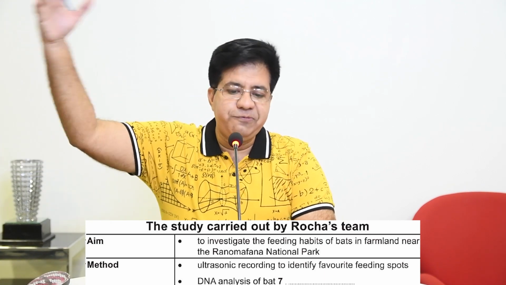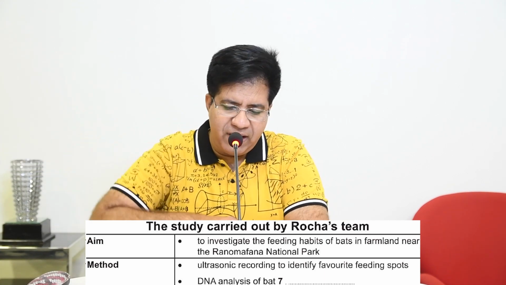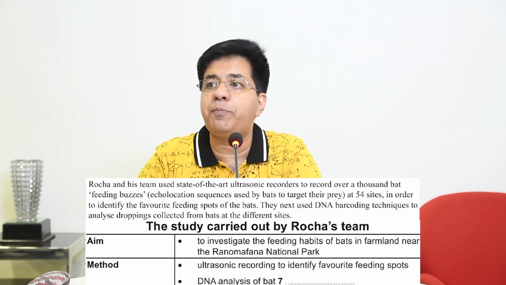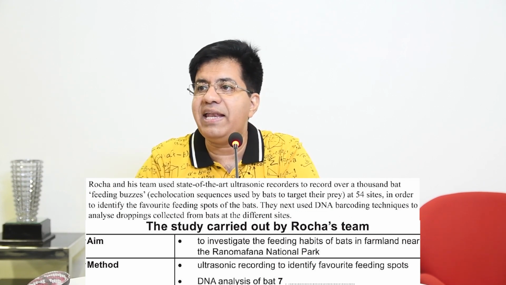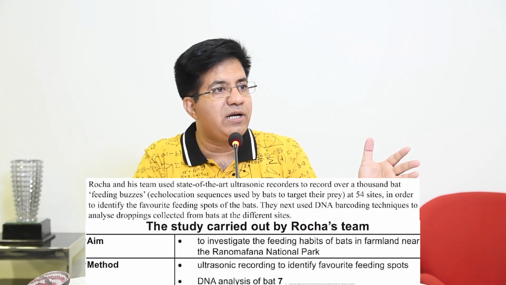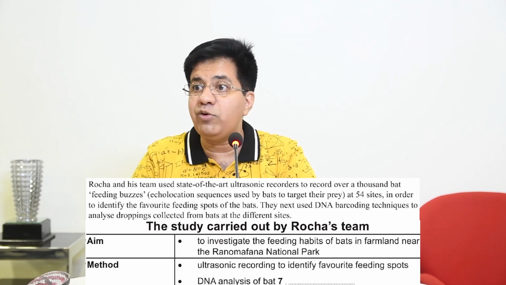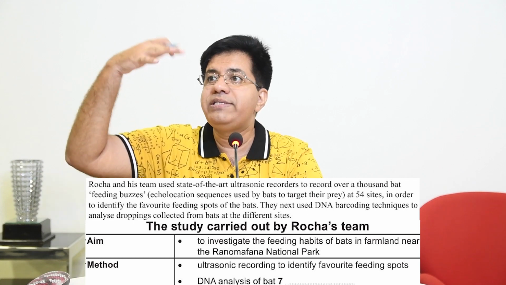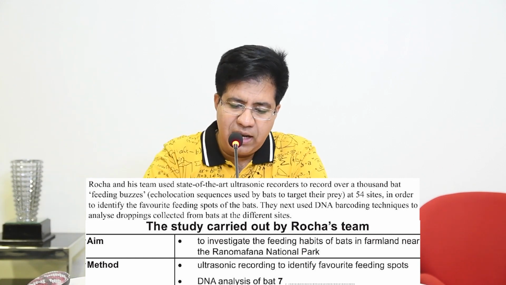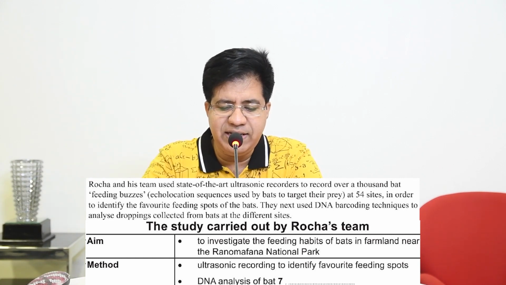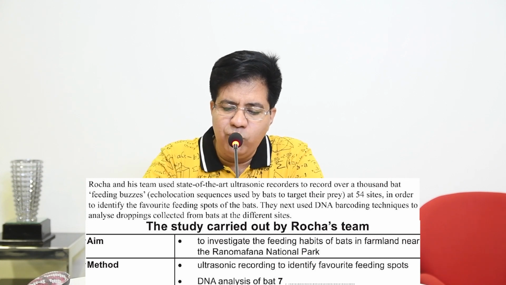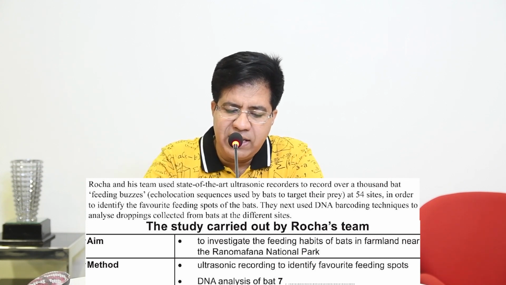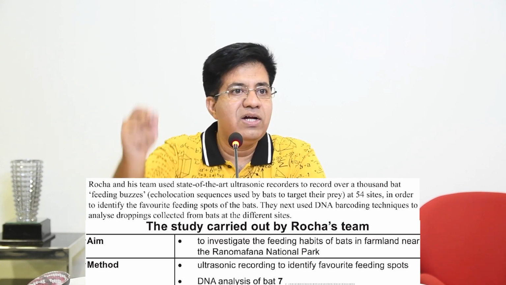Second page, first paragraph, you will find DNA there. And it is also possible that you find DNA on a number of different locations. So then you need to check what is the context of DNA. Now, second page, first paragraph, I'm going to read the last sentence. They next used DNA barcoding techniques to analyze droppings collected from bats.